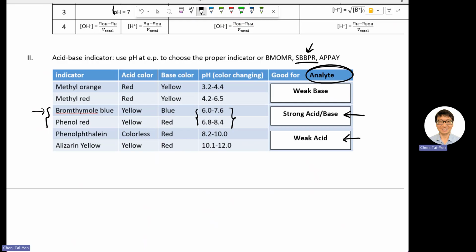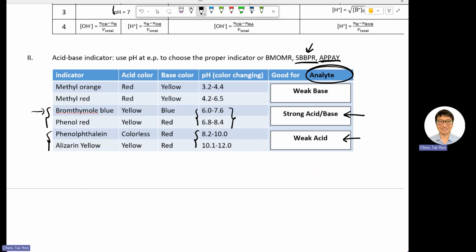Therefore, at equivalence point, the pH is going to be 8 to 10 or 8 to 12, depending on the specific system. The indicators that people typically use are phenolphthalein or alizarin yellow. Okay, so these are the two. The way I memorize it is APOPay, right?